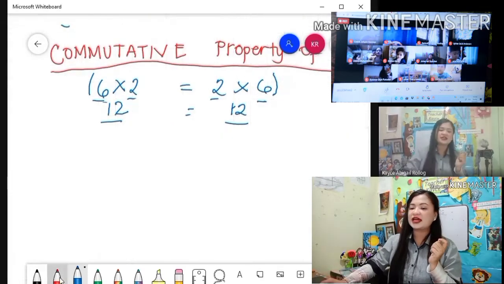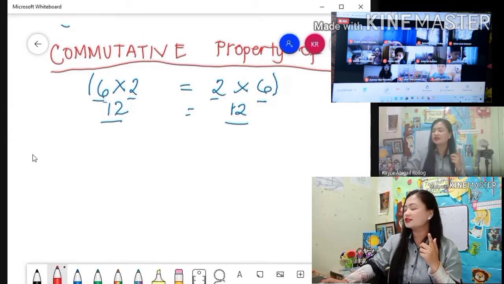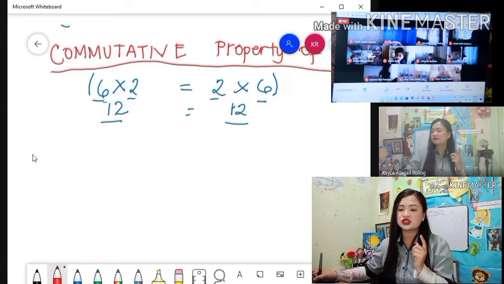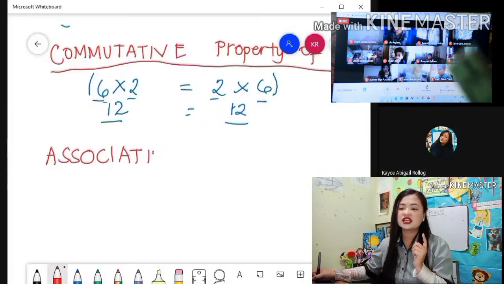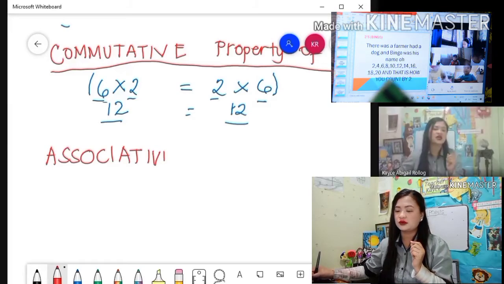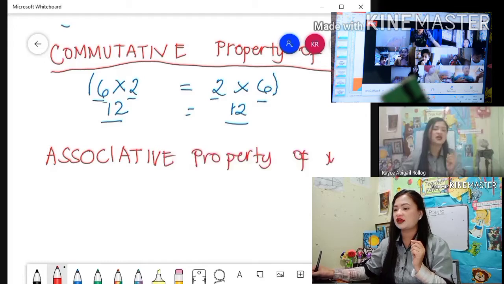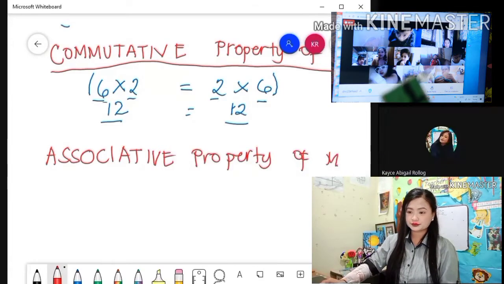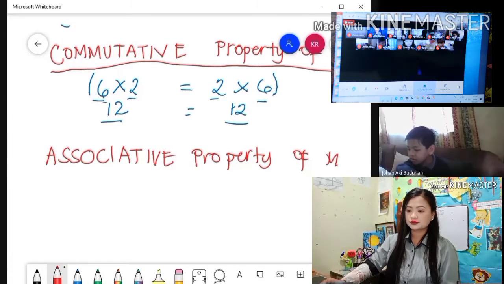And then we have the last property of multiplication. We have the associative property of multiplication. What is this? Aki. Changing the grouping of the factors does not change the product.